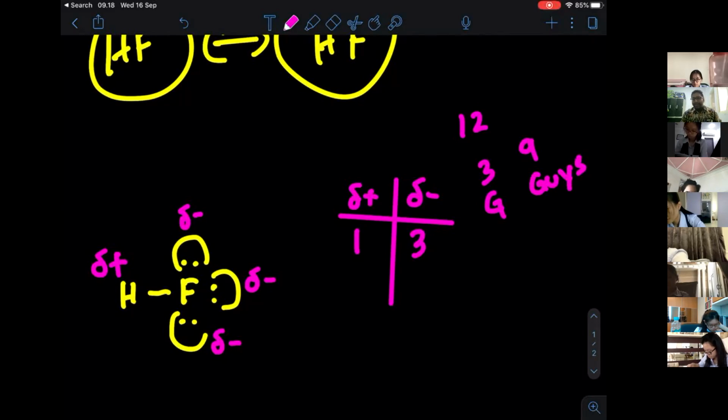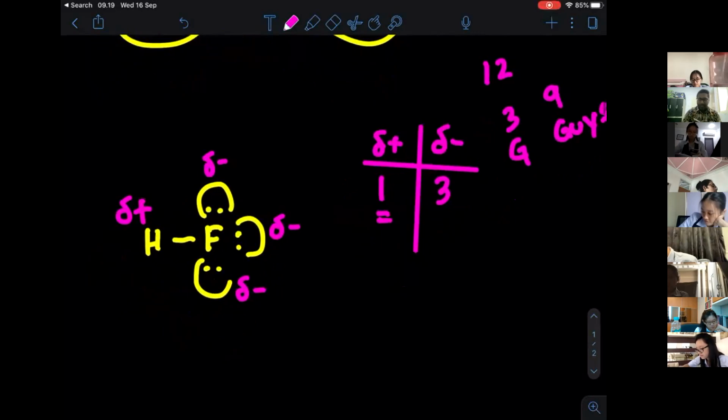If they want to pair up, guys and girls, what will happen? We are going to have 3 couples over there. So if you look at one particular molecule, if you have one delta plus, it can only bond with one delta negative because there is not enough hydrogen.